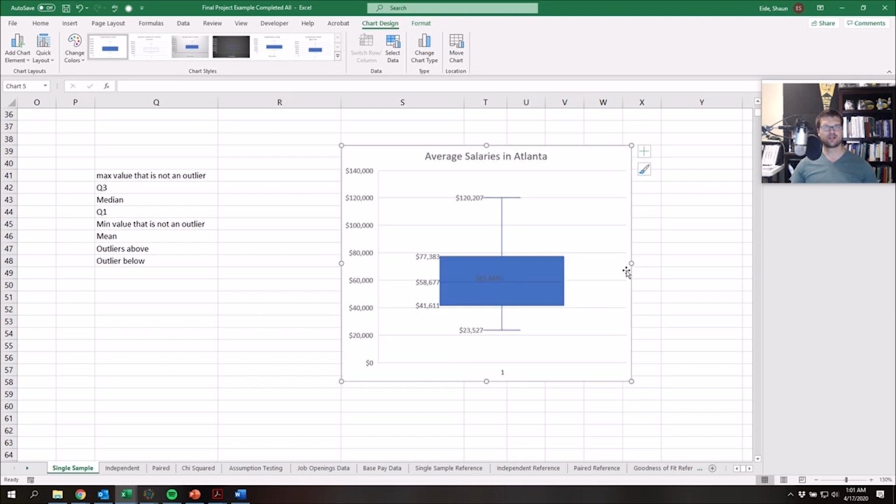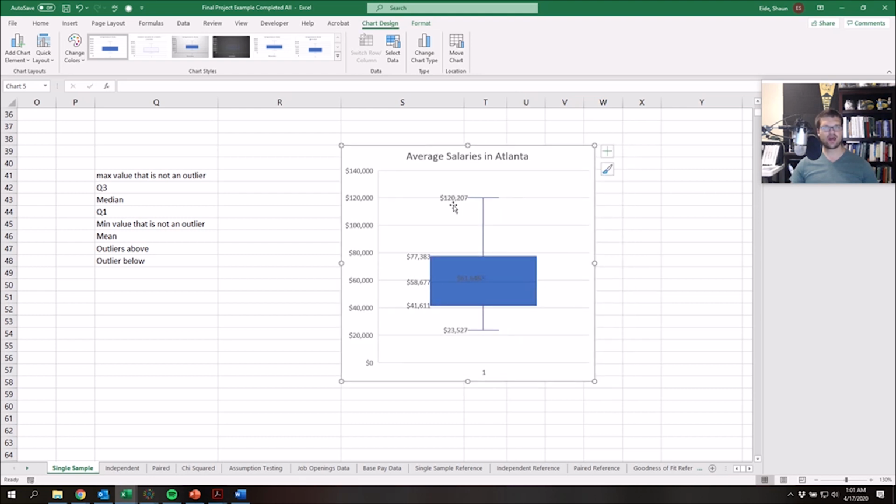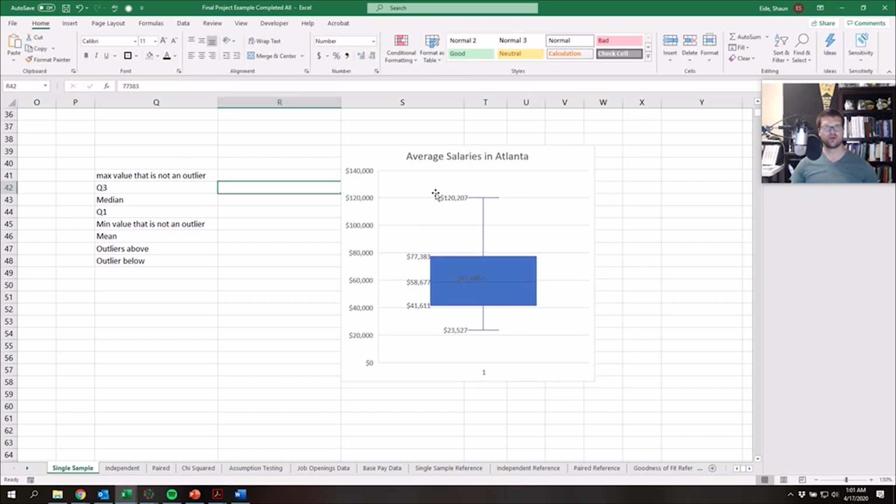Now that I have this, I'm going to take it straight from this and put it right over here, and I want these values. So what is the max value that is not an outlier? That's 120,207. And then Q3, what is Q3? That's going to be right there.